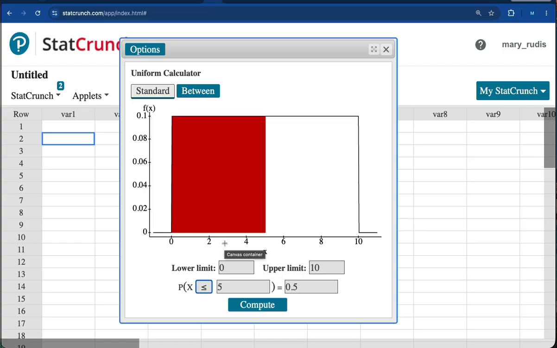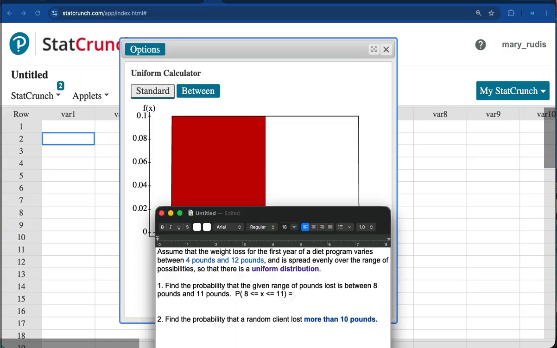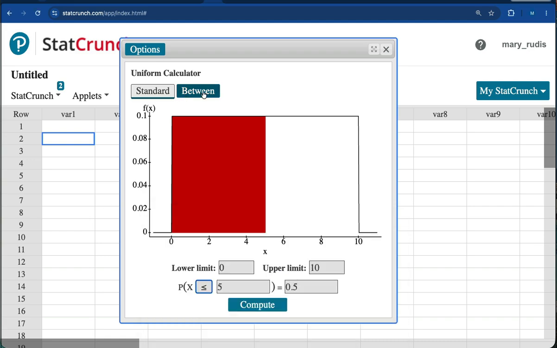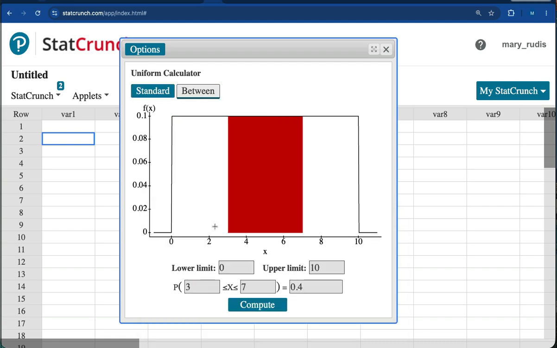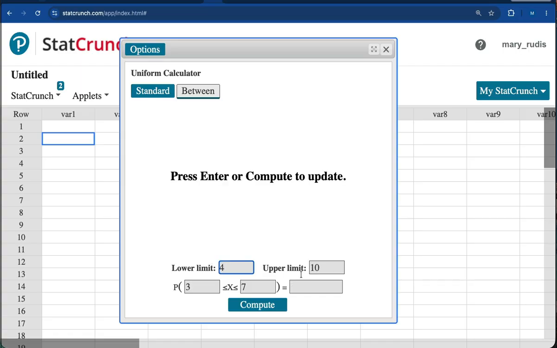With that question, we wanted to know the area in between two numbers, so we want to click on Between. We're going to fill in our lower limit of 4 and our upper limit of 12 in this particular problem.